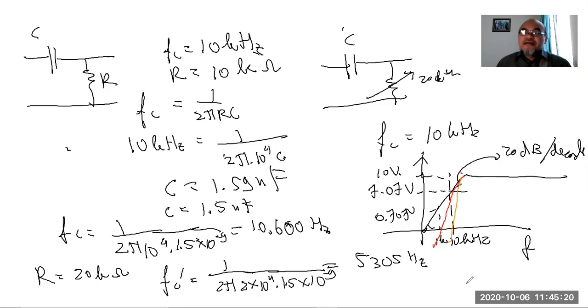This can be done if you put multiple high pass filters to make a higher order high pass filter. The same can be said for low pass filters. If you combine several low pass filters, you can make a higher order low pass filter to develop a sharper filter, either low pass or high pass.